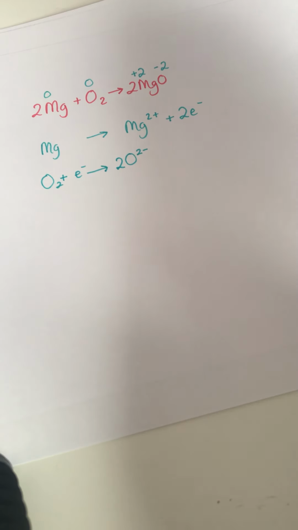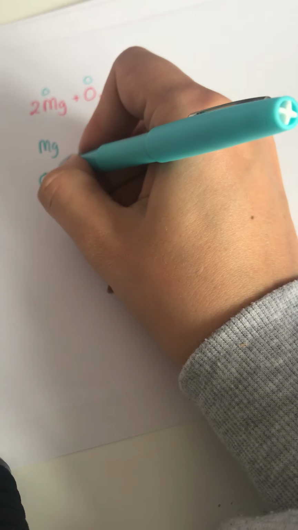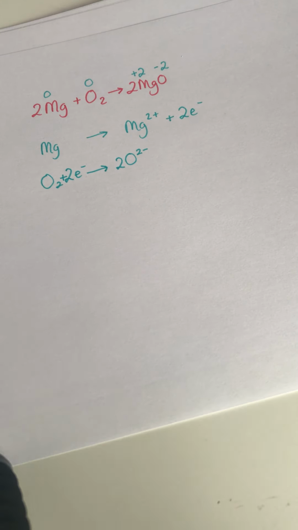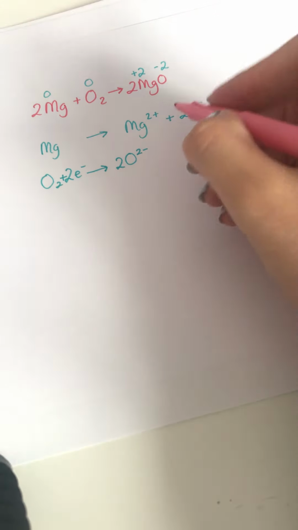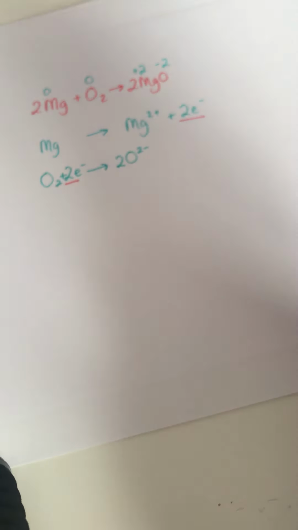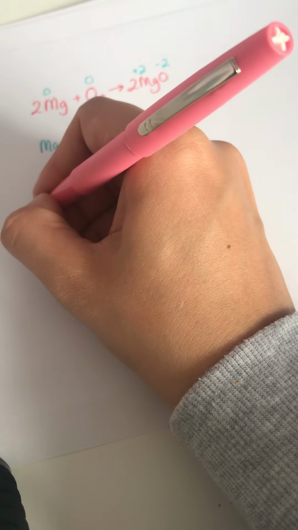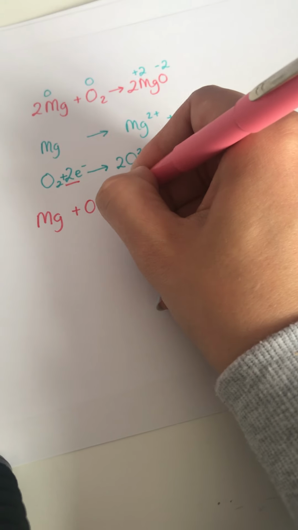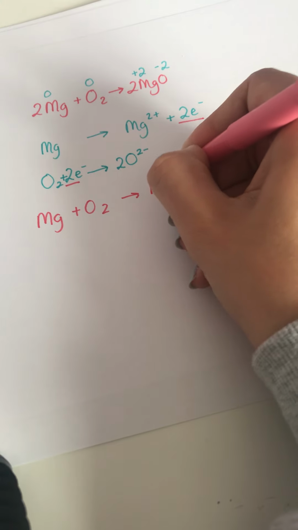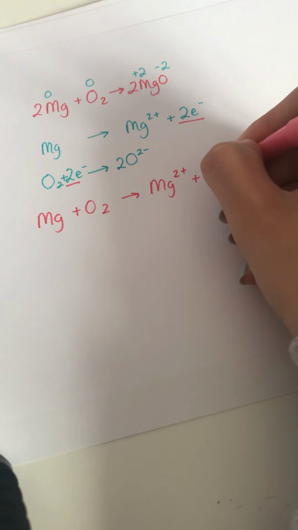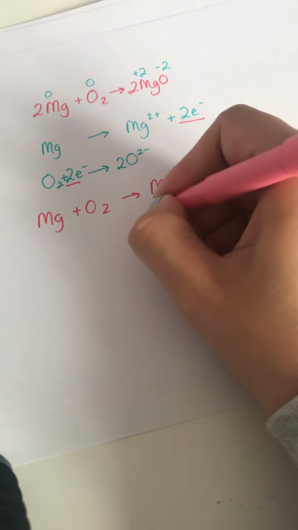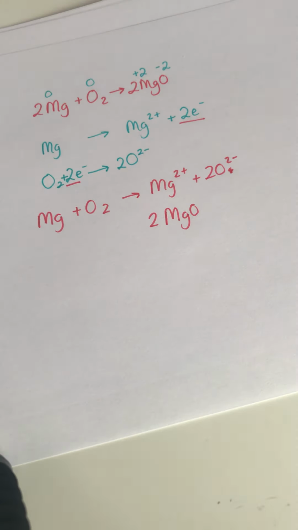And actually, to make this balance, we're going to need 2 lots of O2- ions, and so 2 electrons. To combine this then, I can see already that I have the same number of electrons either side of my equation, meaning that I can just take magnesium and O2 and it will make Mg2+ and 2 O2-, or 2 lots of MgO, which is what we started with in the first place.